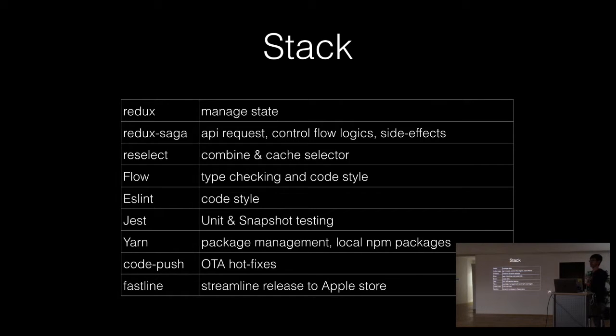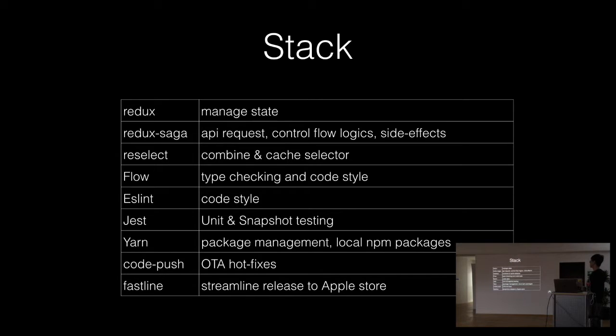Now we are trying to port a lot of business logic and control flow logic to Redux Saga. It's powered by JavaScript generators, and manages side effects and API requests. And then we use Reselect because it solves our problem. We use Reselect to combine and cache selectors, so we increase the performance of the app itself and reduce the re-rendering of React components.